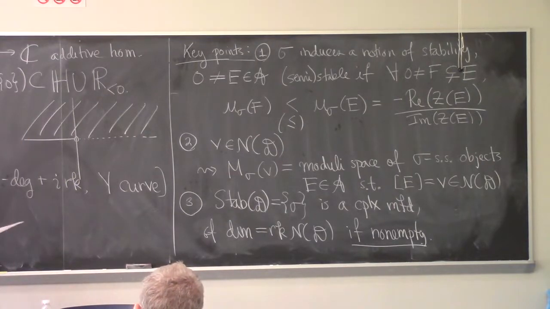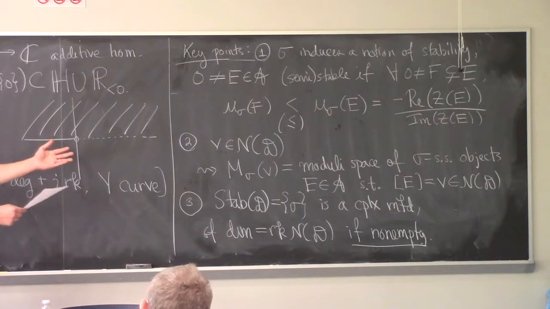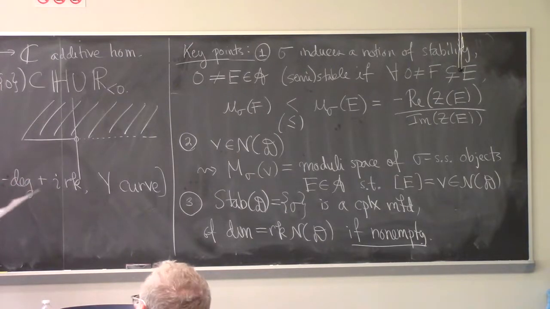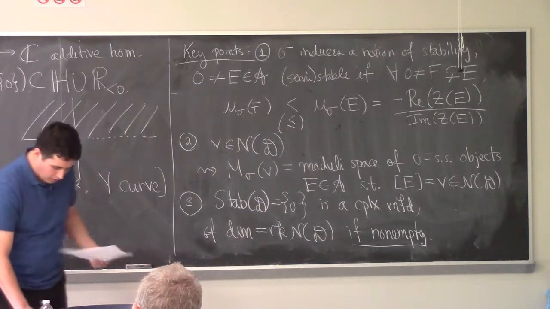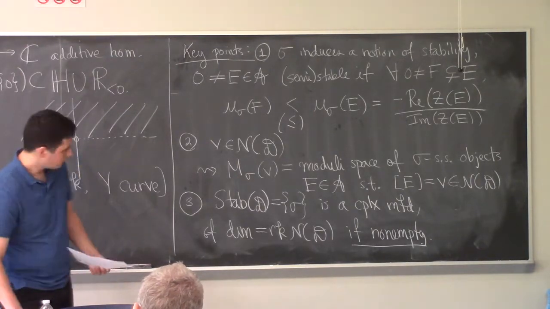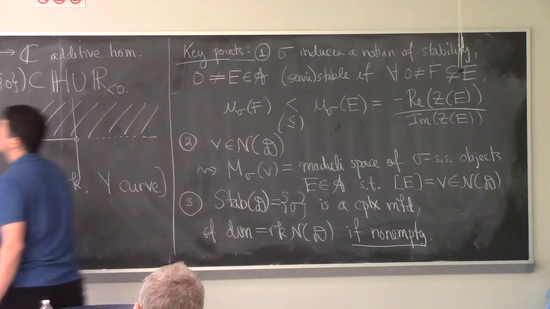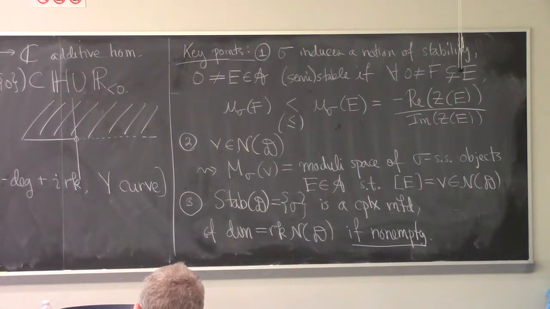Okay, well, I'm going to tell you the statement of some theorems now in the case of Q of X, for this category associated to a cube. And this question of whether or not there exist stability conditions, in other words, whether that stability manifold is not empty, is a notoriously hard problem.